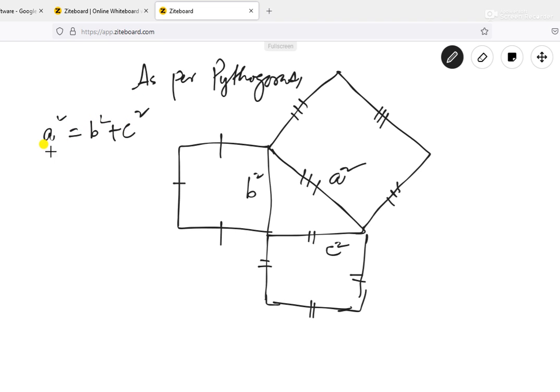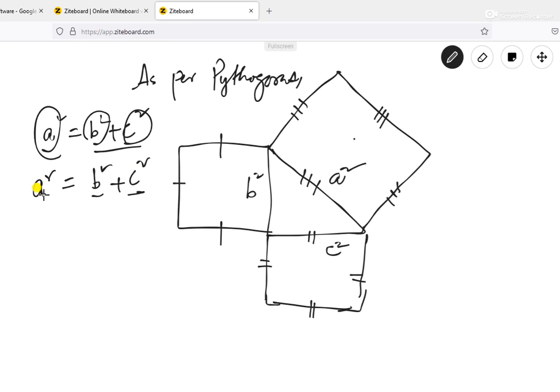That means the single value is being divided into two parts, two components, that is B and C. We can write A square in terms of two items, B square plus C square. So these are called components.